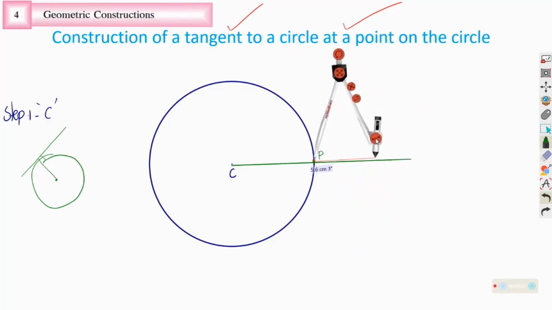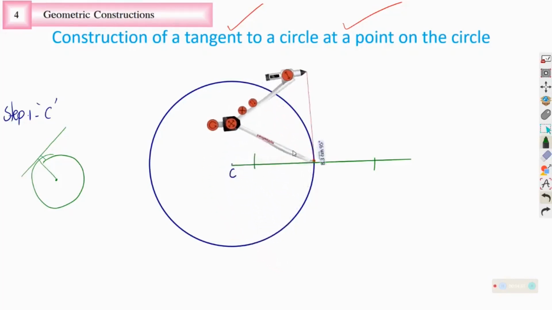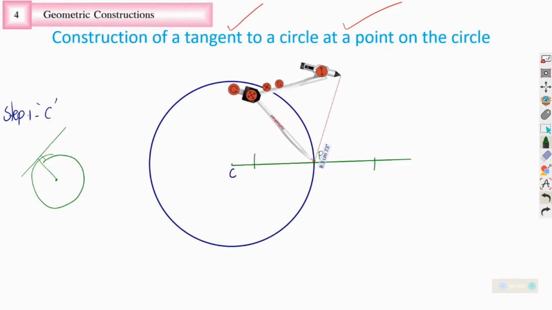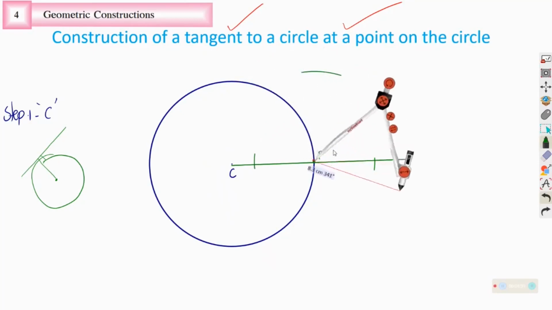So from point P I will start. Put an arc here. Put an arc here also. Then increase the size of the compass. You can draw an arc here. Turn the compass.